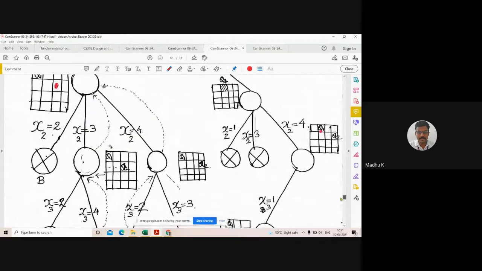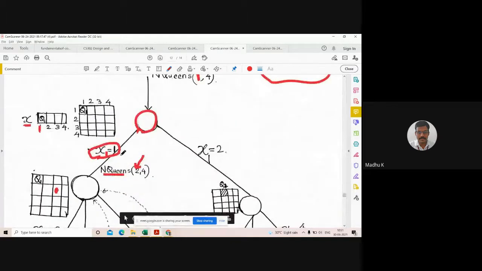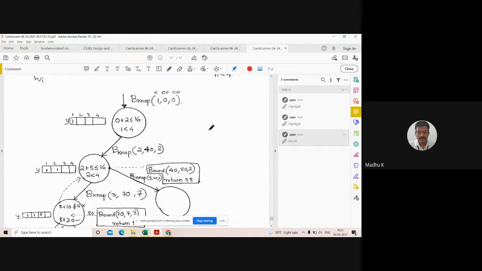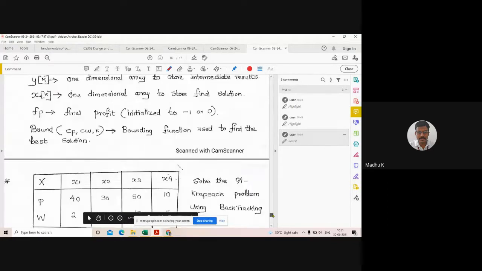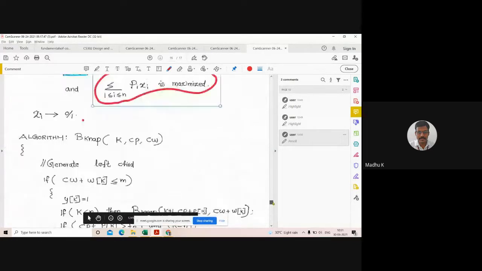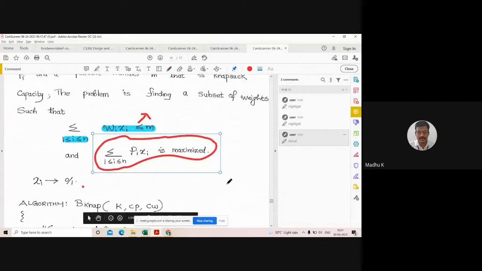This is a complex process, but we can understand it. Anyway, we will try to familiarize ourselves with the algorithm. The algorithm is a university exam question, so please study this topic.